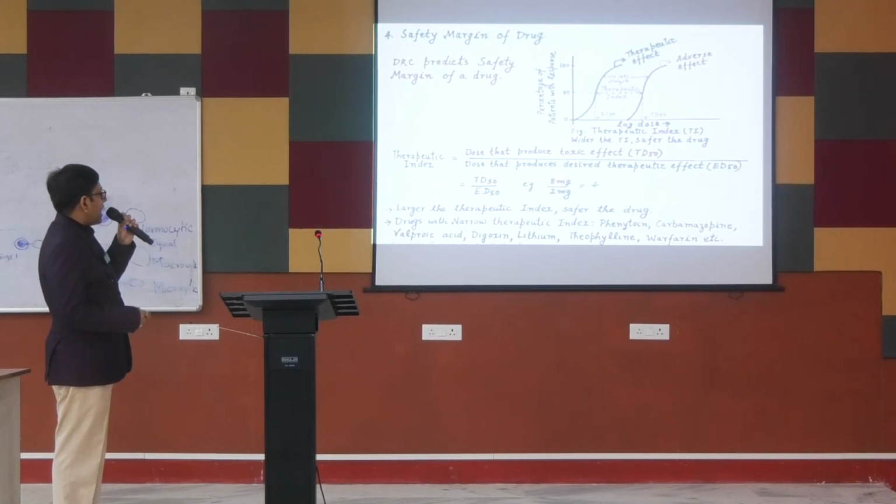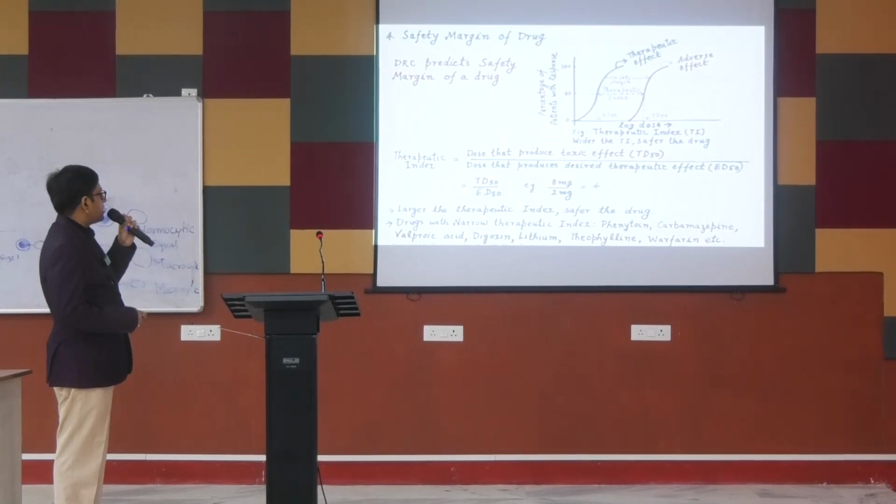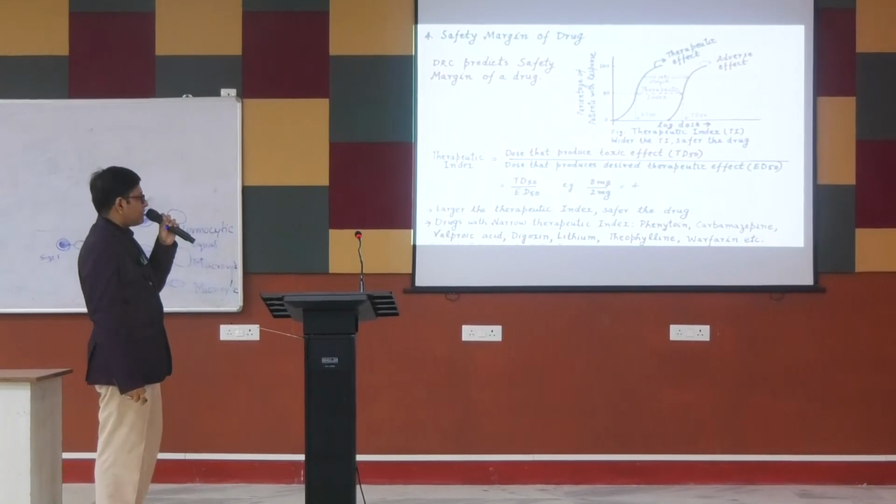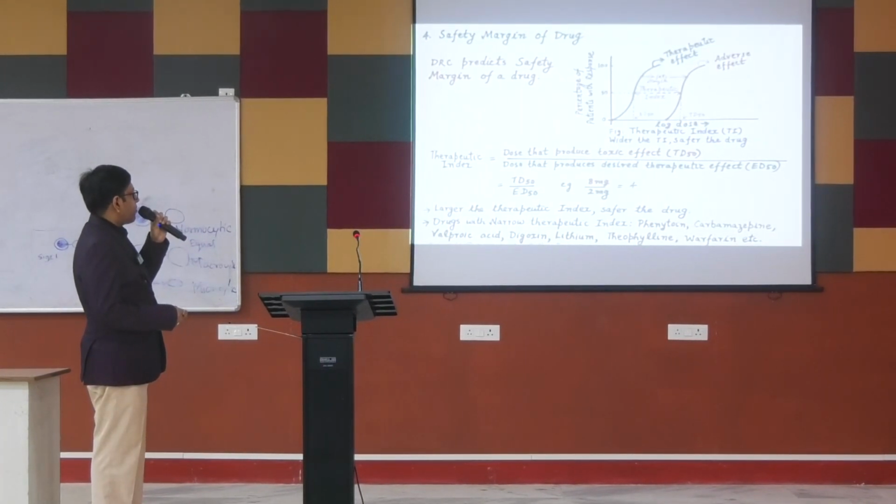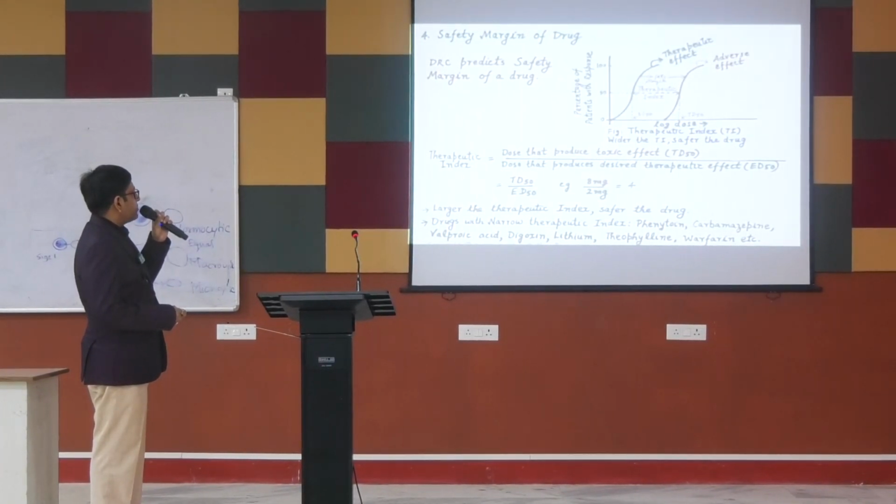And now if you go to the adverse effect curve, you see with this dose, 50% of patients are showing adverse effect or toxicity, whatever you call. So from this curve, this is called TD50. This is the dose that produces adverse effect in 50% of patients.